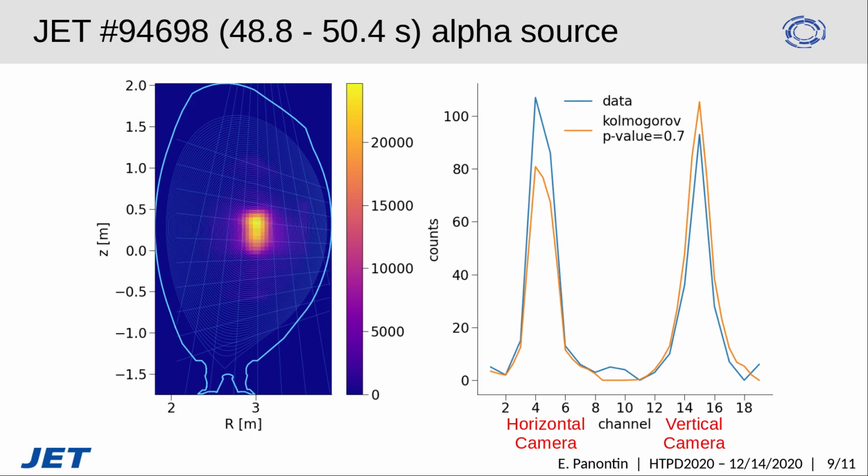By applying the inversion method described before to these profiles, we can reconstruct the spatial distribution of the fusion reactions between deuterium and helium-3. This gives information about both the energy deposition site of the radio frequency heating and the spatial distribution of the alpha particle source during the discharge.